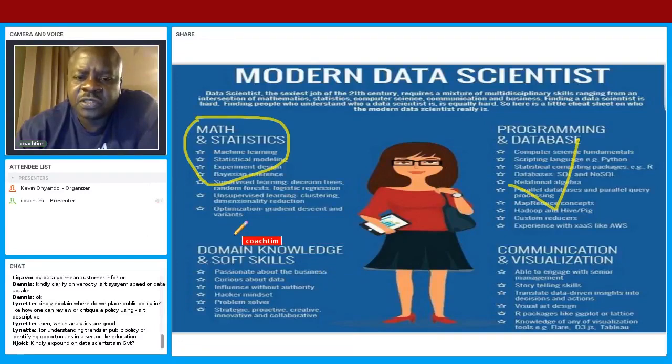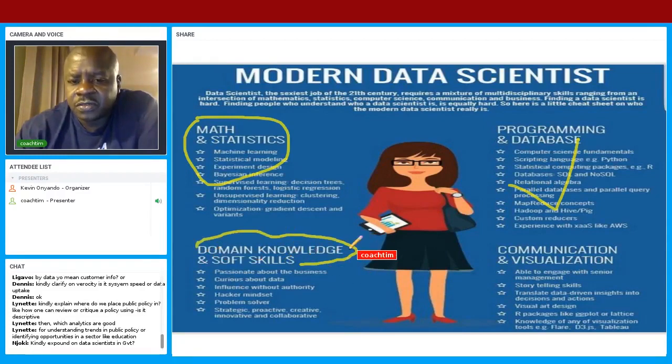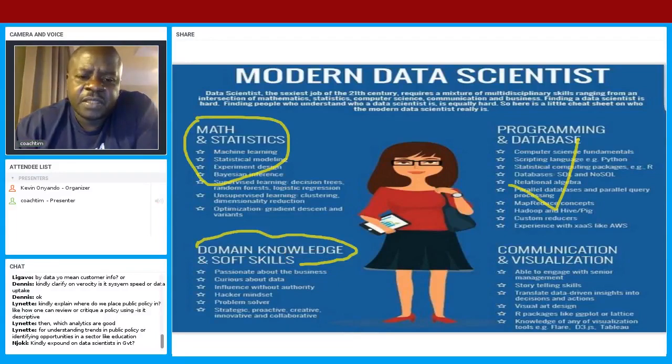The domain knowledge means you've grounded yourself as a specialist in one area. We also see diversity in this. You might take a data scientist from a bank and move them to, for example, retail. They will struggle to settle down because the tools and the domain knowledge in banking are different from the tools they use in retail.